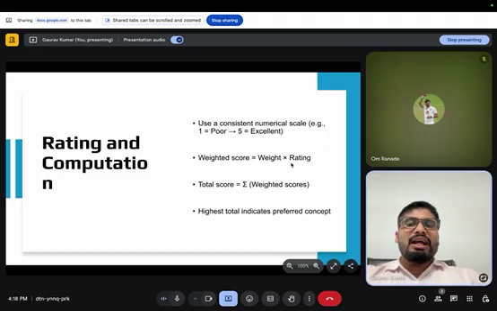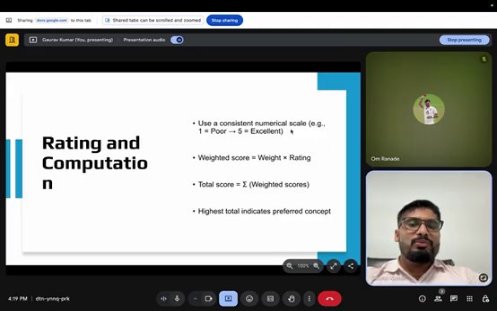So in the academic and industrial context, this step demonstrates how analytical rigor can be introduced into a creative field. So week 12 teaches that quantification strengthens both decision making and decision justification.